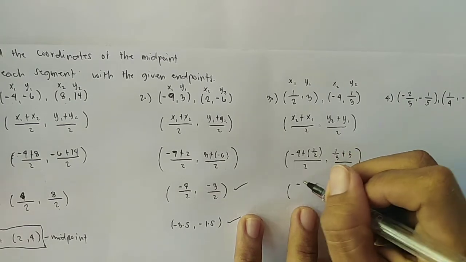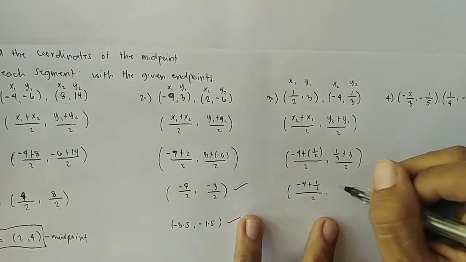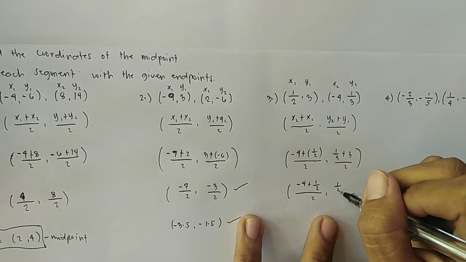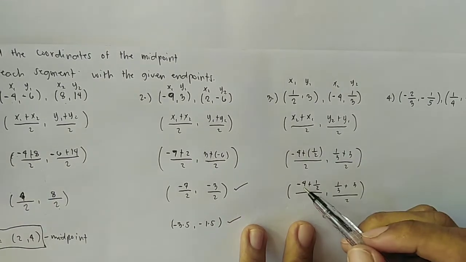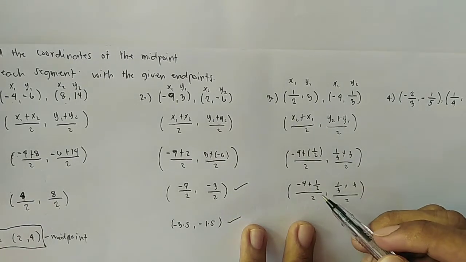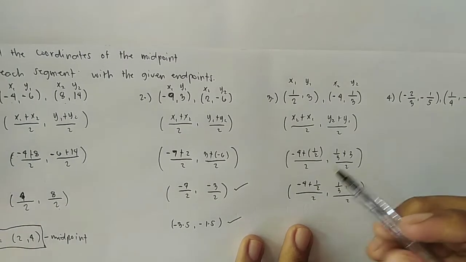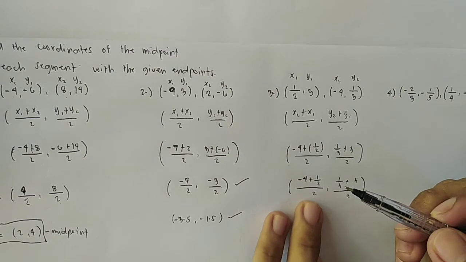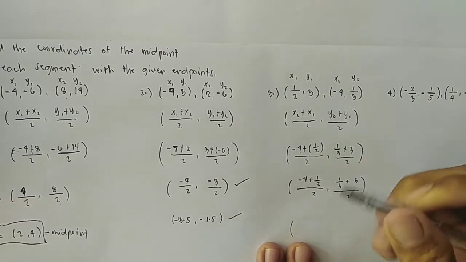Let me rewrite it again. Since negative 4 and 1 half have different denominators, or unlike denominators, we are going to get the LCD of negative 4 and 1 half.